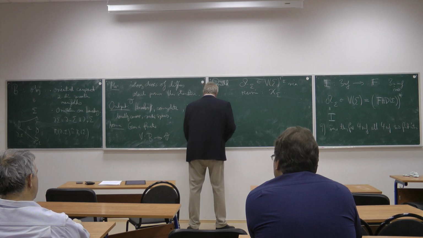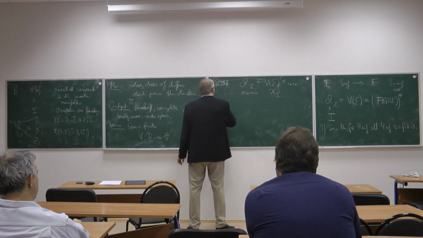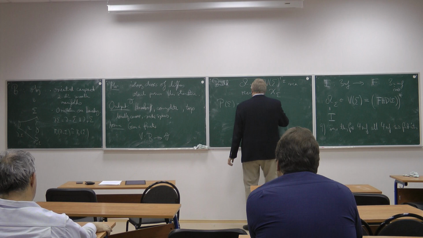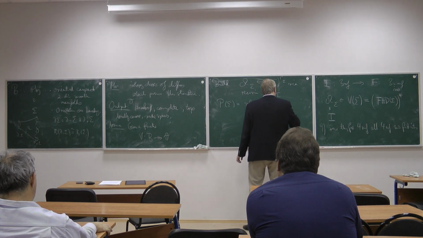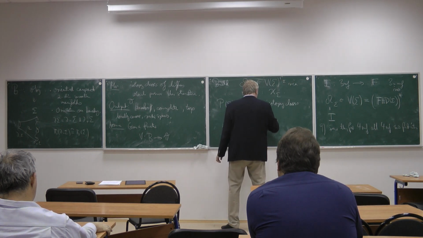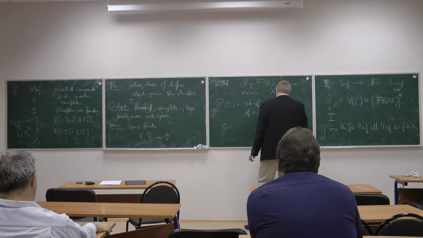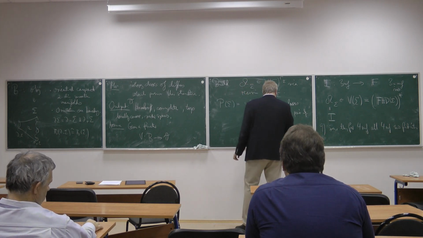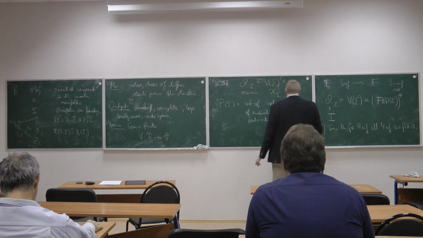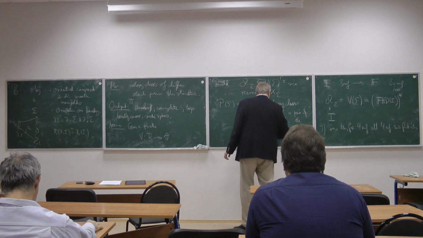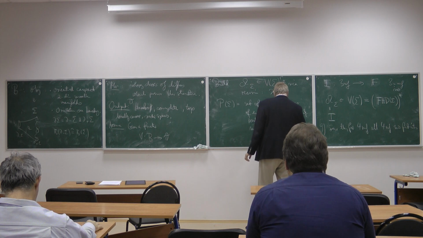So thank you. So what I want to do now is I want to say, let's look at the following set, P of sigma, the set of isotopy classes of embeddings of pair of pants into sigma such that the image contains the minus boundary.